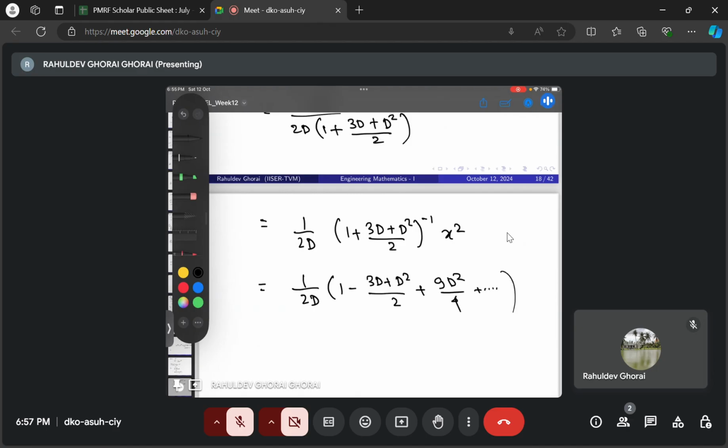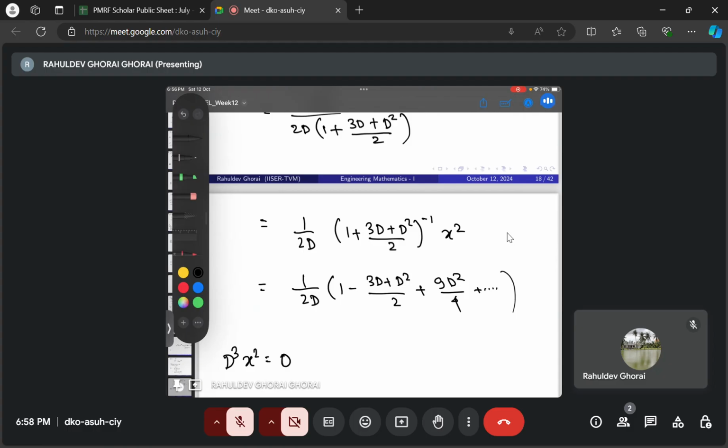So all other terms will involve d cube, and you know when d cube acts on x square, it gives 0, because d cube of x square means you are taking the derivative of x square three times. Once you take the derivative, it will be 2x, twice you take the derivative, that will be 2, and thrice, it will be 0.